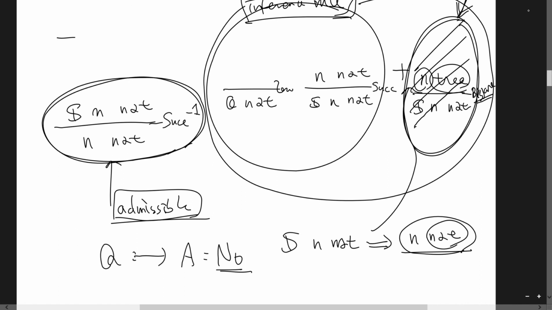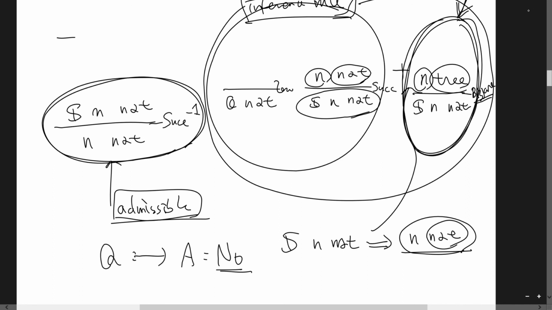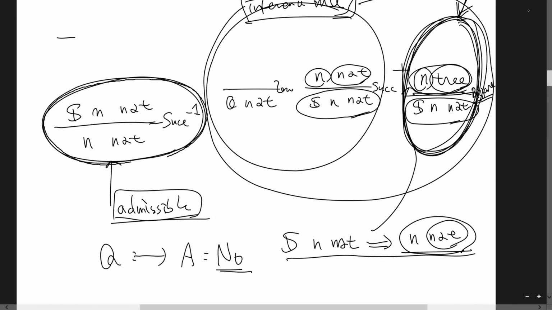Without this inference rule, successor AND-NAT always implies n being NAT. But with the addition of this inference rule, successor AND-NAT might imply n is 3. So this does not hold anymore. So with the addition of this bizarre inference rule, this rule fails to be admissible. So the answer is no.